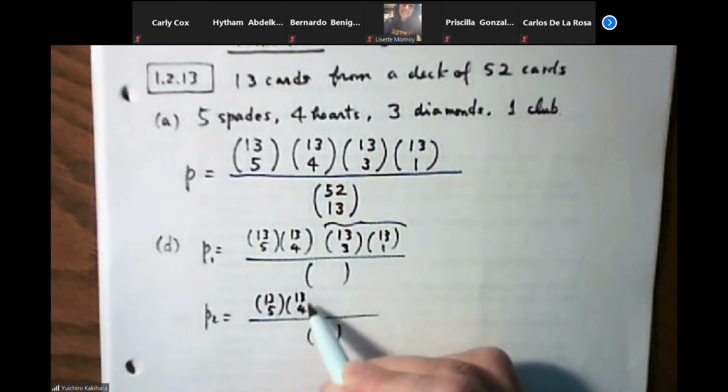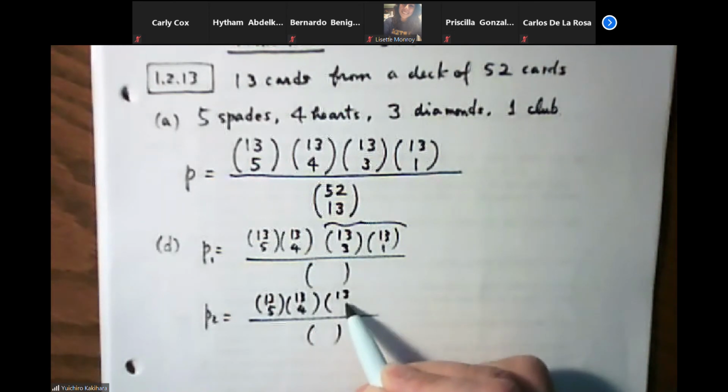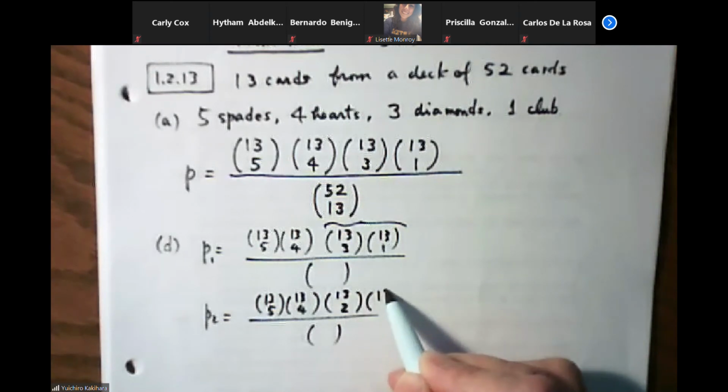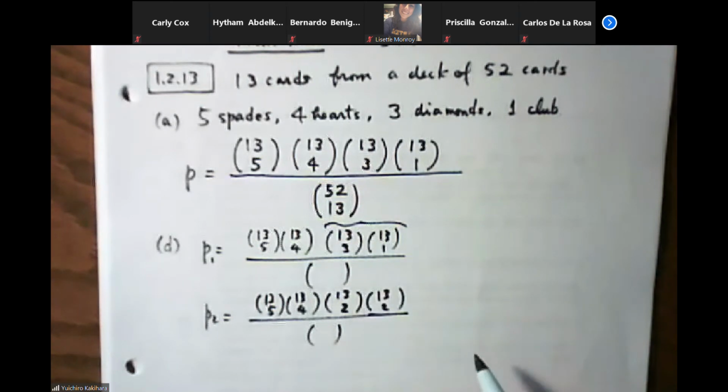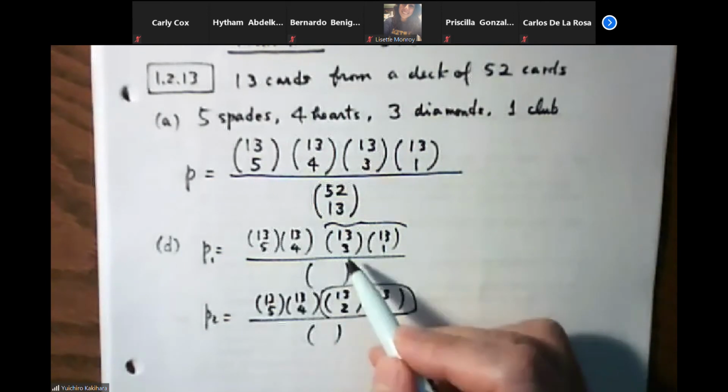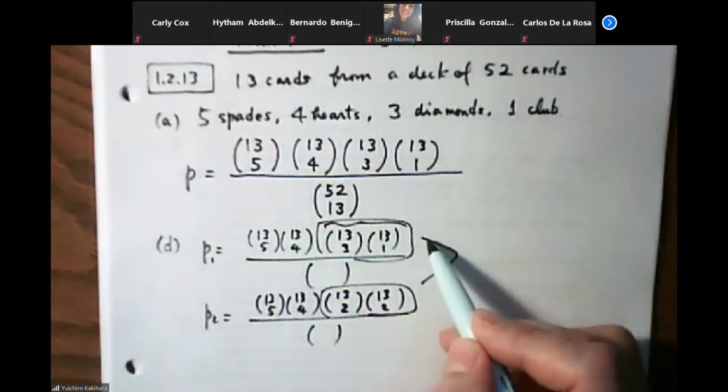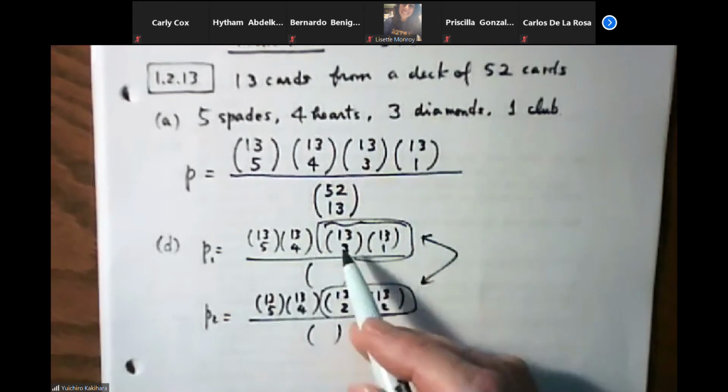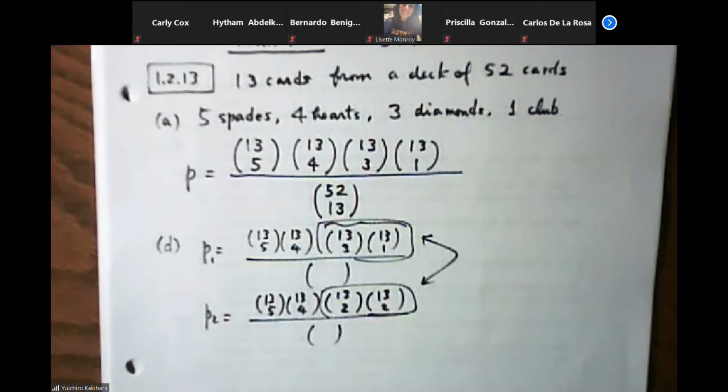They are the same. Then we have to compare 13 choose 2 and 13 choose 2, right? Is that right? Yes. Then the thing is this one and this one. Compare these two. Which is larger? So you can see which is larger.